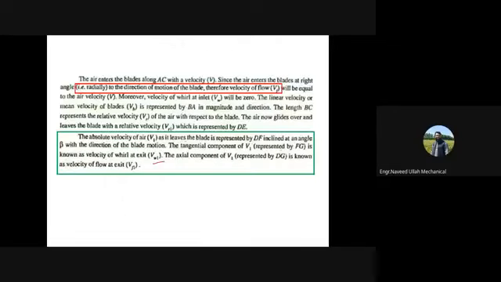And the axial component of V1 represented by DG is known as VF1. This is the velocity of flow over here. If M is the mass of air compressed by the compressor in kg per second, then using Newton's law, the force applied on the blade will be mass of air flowing M into change of velocity, right?